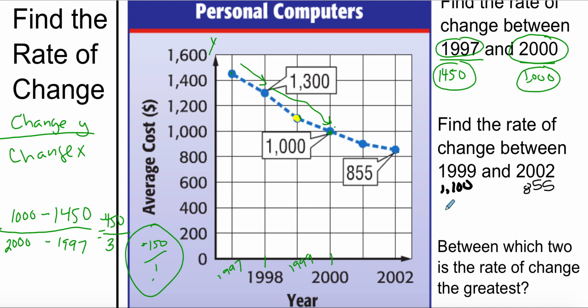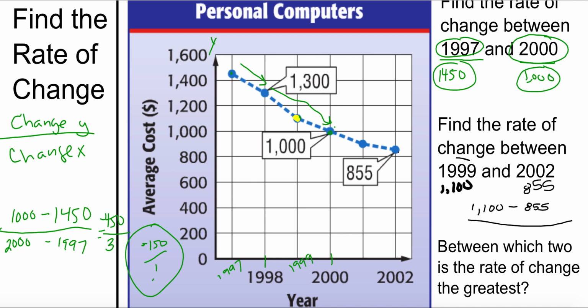So again, what we want is the change in y, and the y was the money, over the change in x. So let's say this time you picked the 1,100 to go first because you didn't want a negative value. So 1,100 minus 855 is what I would do for my change in y.